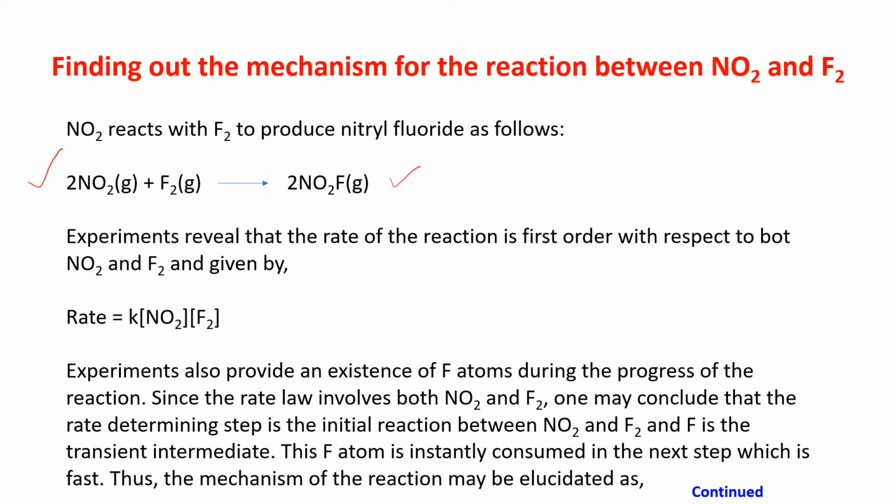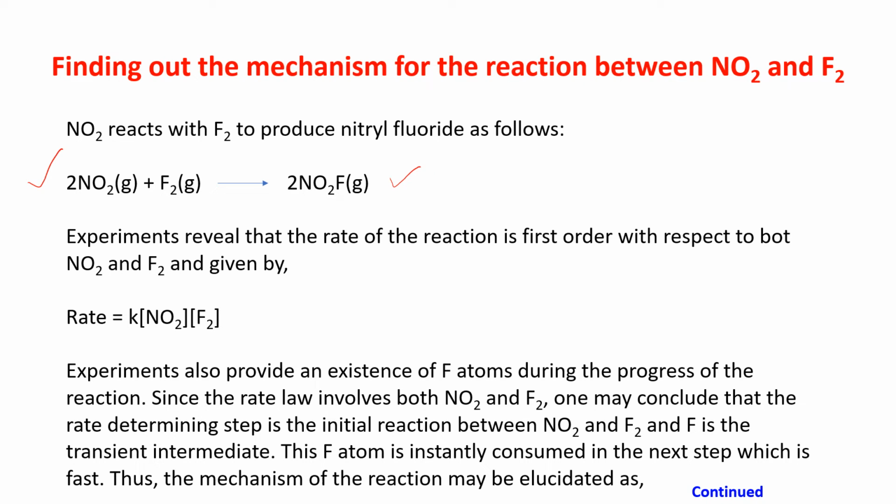Experiments reveal that the rate of the reaction is first order with respect to both NO2 and F2. This is what we get experimentally, because you know that the order of a reaction we can get only through experiment.